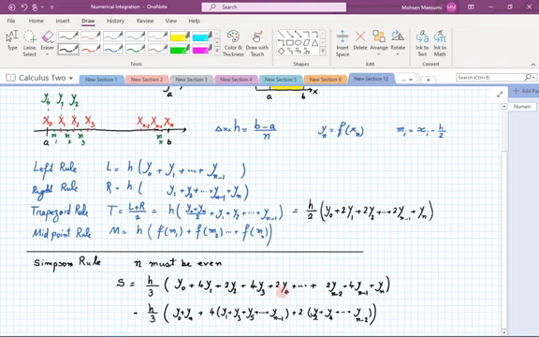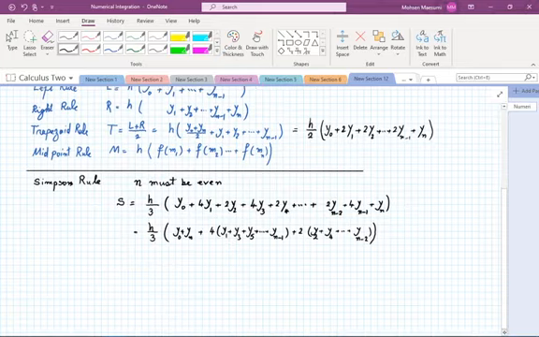All the even numbered heights are going to have a coefficient of 2. So the first and last just show up as themselves. Then y1, y3, y5, all the ones with odd indices get multiplied by 4, and all the ones with even indices get multiplied by 2, and then all of this has to be multiplied by h over 3 to get your Simpson's rule. Let's go ahead and actually write this out for a particular case.